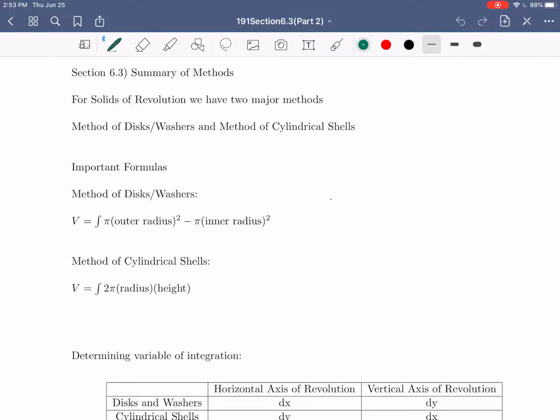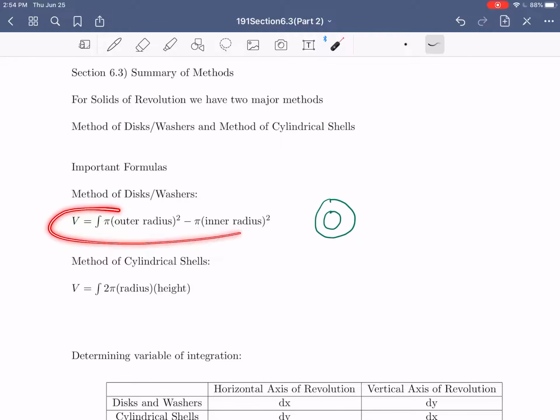The area of that piece is a washer or donut shape, where you're taking the area of the outer radius, so everything in here, and then removing the area of the inner piece, so you end up with just the area in between. Once you accumulate that area over whatever interval, that creates the volume. That's the method of discs and washers and its general formula.